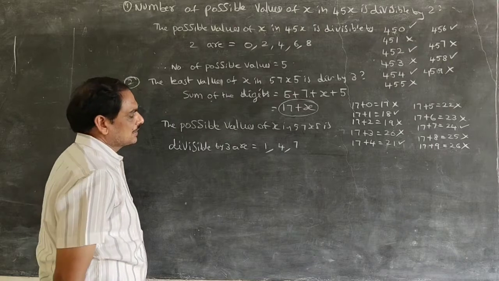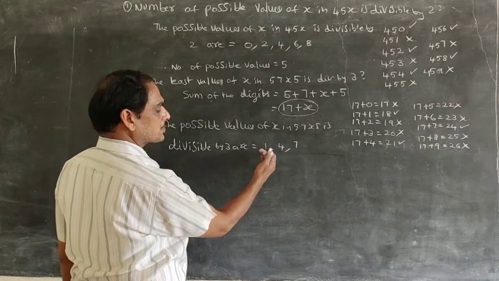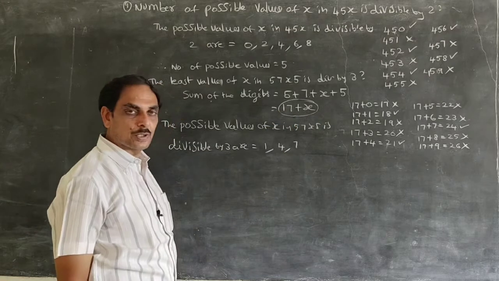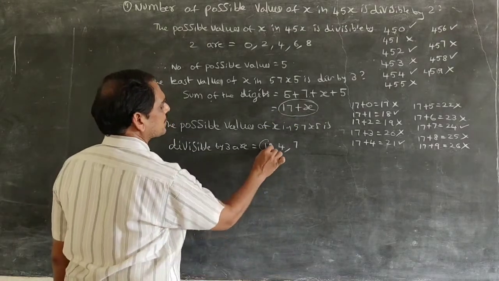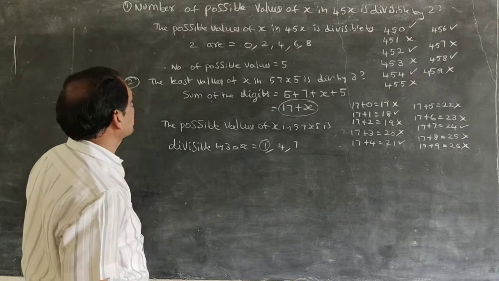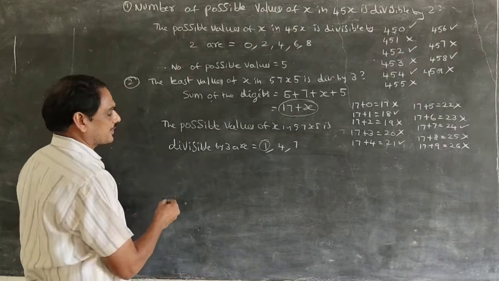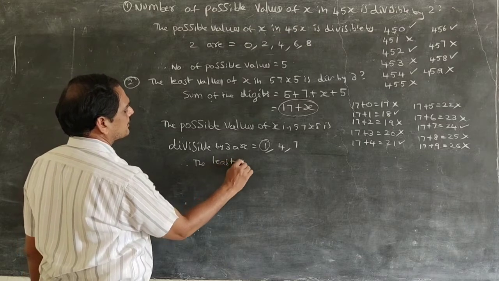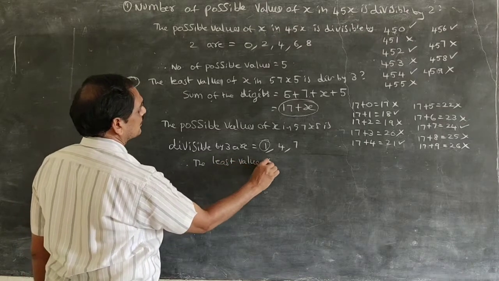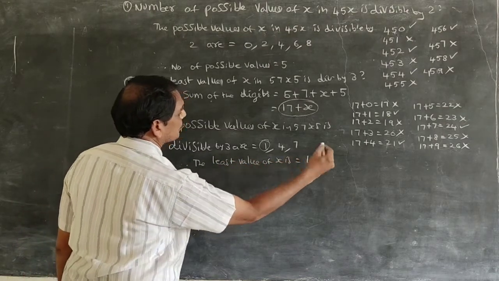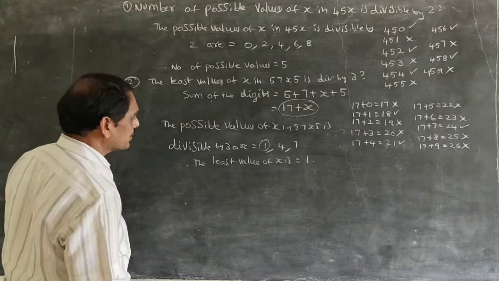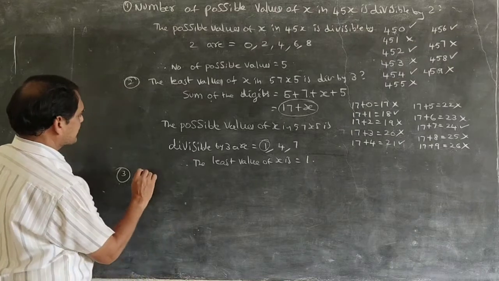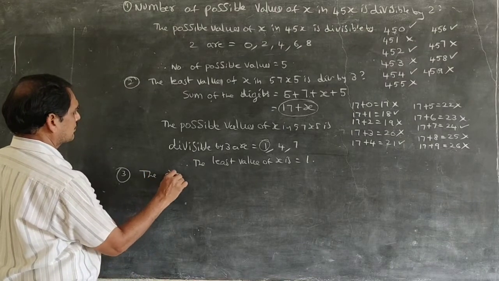These are the 3 digits. Either we substitute x equal to 1 or 4 or 7, the number is divisible by 3. Of these, the smallest is the required answer. The problem is the least value of x. Therefore, the least value of x is equal to 1. Next we go to third problem, that is the greatest value of x.